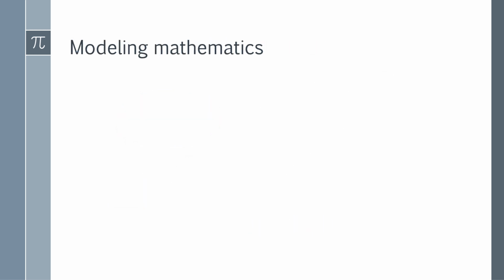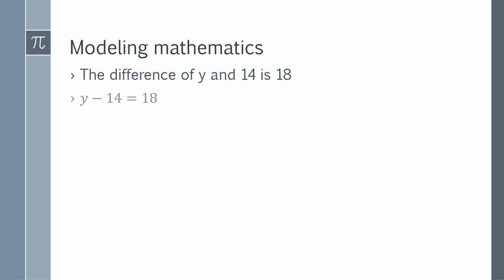All right. So let's go model some more. So you got this situation. The difference of y and 14 is 18. If I was actually to create a model, which again is an equation that is for reality, you're going to get y minus 14 equals 18. That's the model.